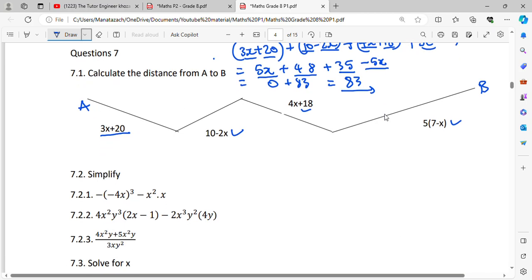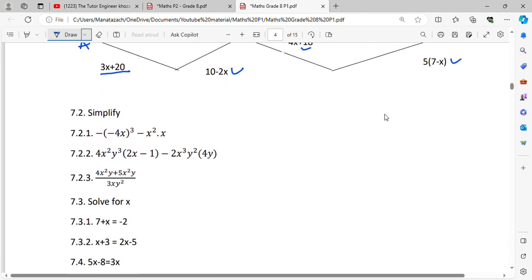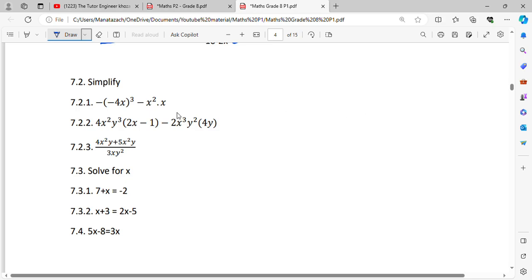Okay, let's go to 7.2. Simplify 7.2.1. Here we can simplify by first dealing with the bracket. When you see a cube, that's where you're supposed to start. In front of a minus, you'll maintain it, so minus 4 cubed. What is minus 4 cubed?